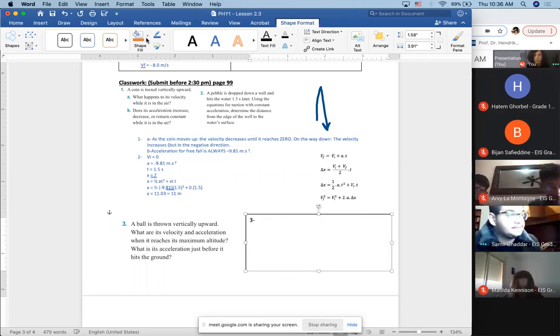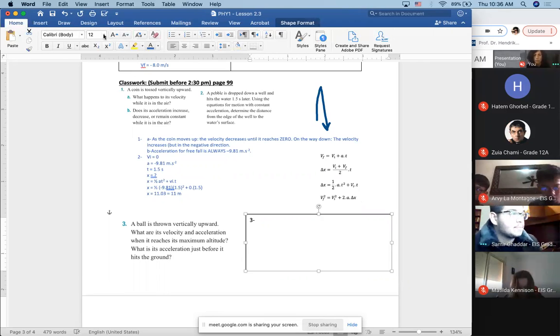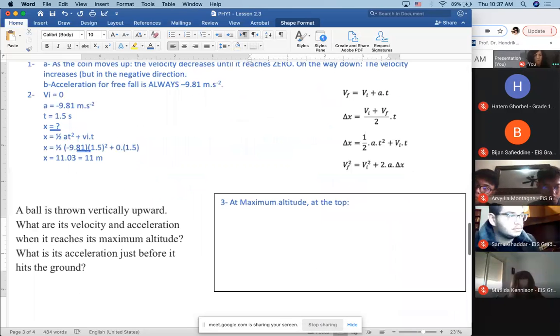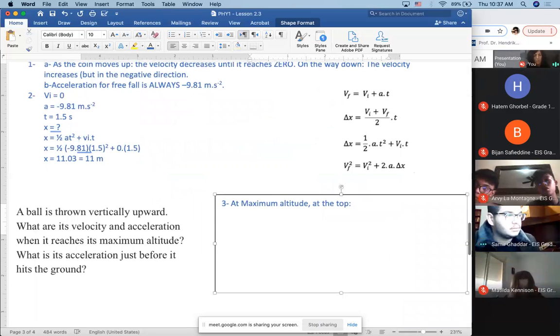Okay, so they want to know what happens at maximum altitude. Can you tell me? At maximum altitude, or in other words, at the top, what happens? What happens to V? And what happens to A?